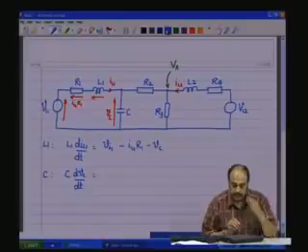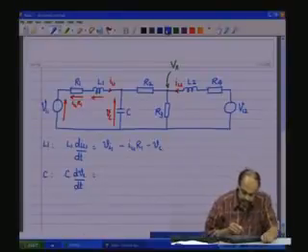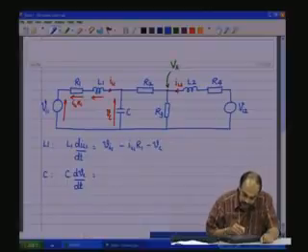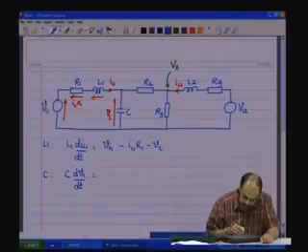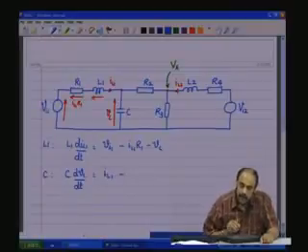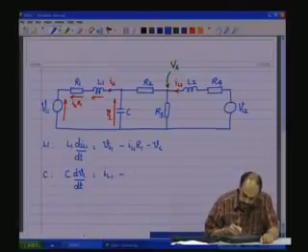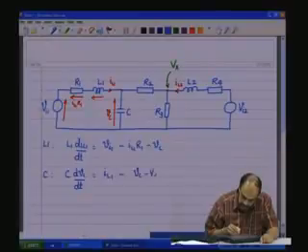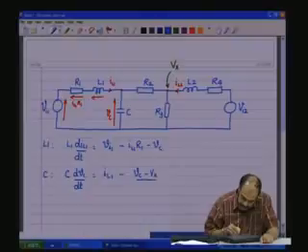So, with this intermediate variable put there, we have the current through C, which is IL1 minus the current through R2, which is Vc minus Vx by R2.